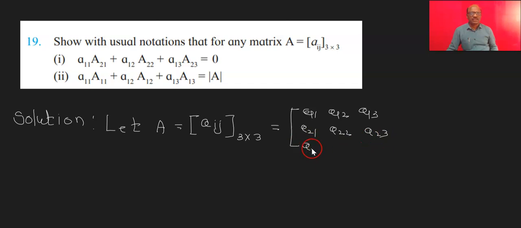Next is A31, A32, A33. Okay. Now we'll calculate one by one.